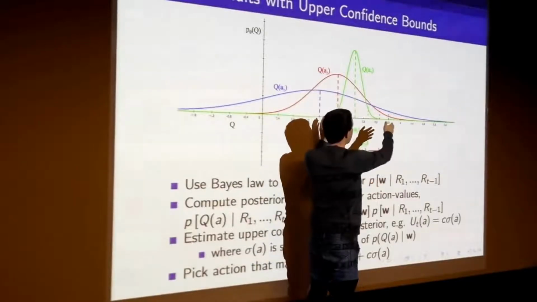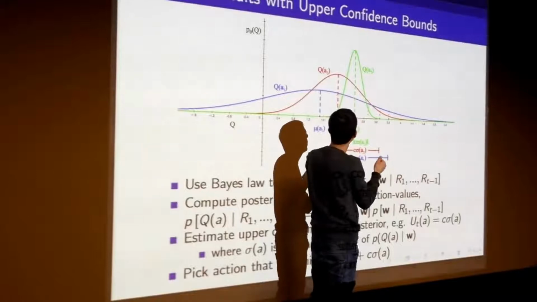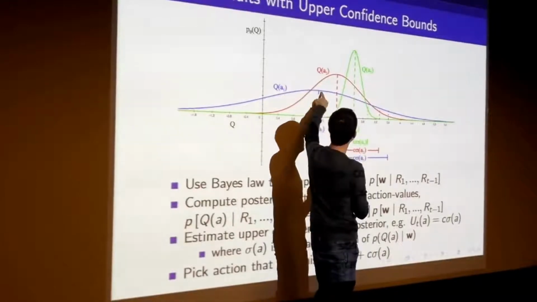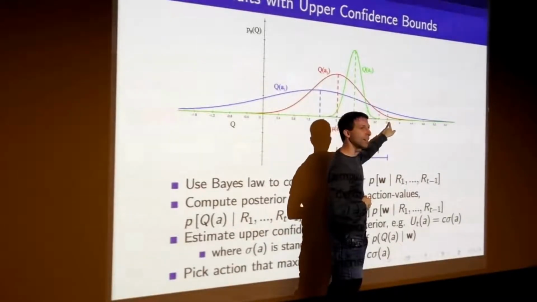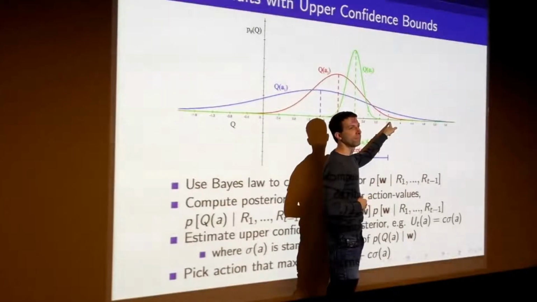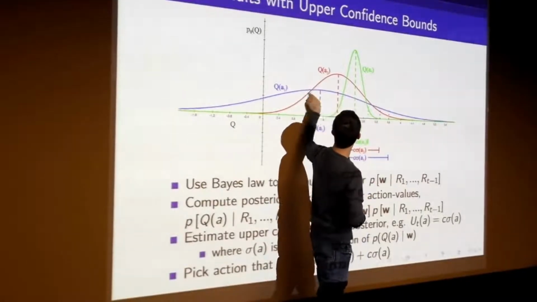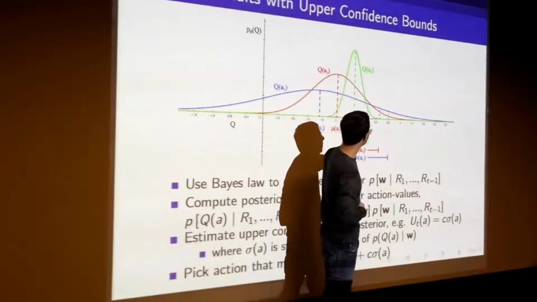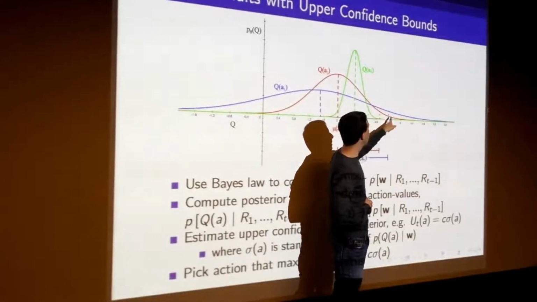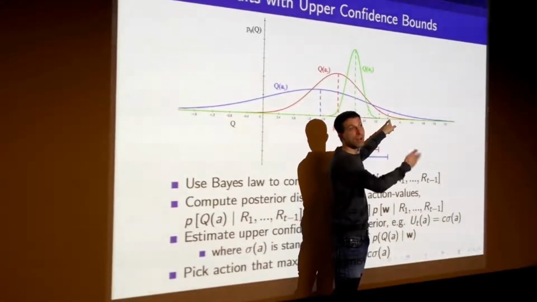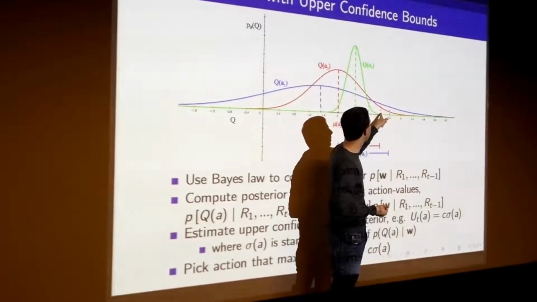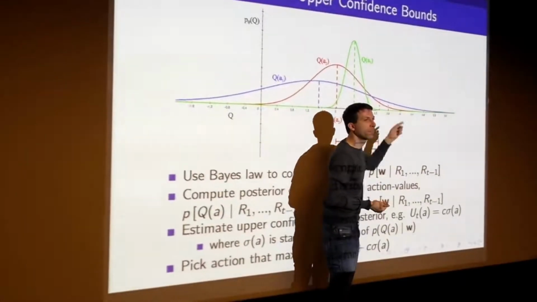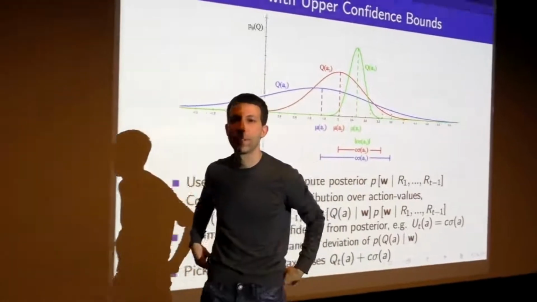We characterize the width by some variance, and then we say, okay, I'm going to take the mean plus 3 standard deviations, and I'm going to use that value. And I'm going to compare that to the red guy, where I'm going to take the mean plus 3 standard deviations. And then we see that the blue guy has a higher combined value than the red guy, so we pick that one. That's the idea of the Bayesian approach to upper confidence bounds.